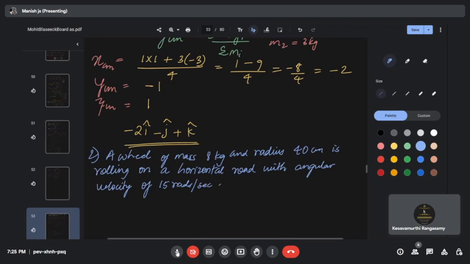Okay, the moment of inertia of the wheel about its axis is 0.64 kilograms meter square.